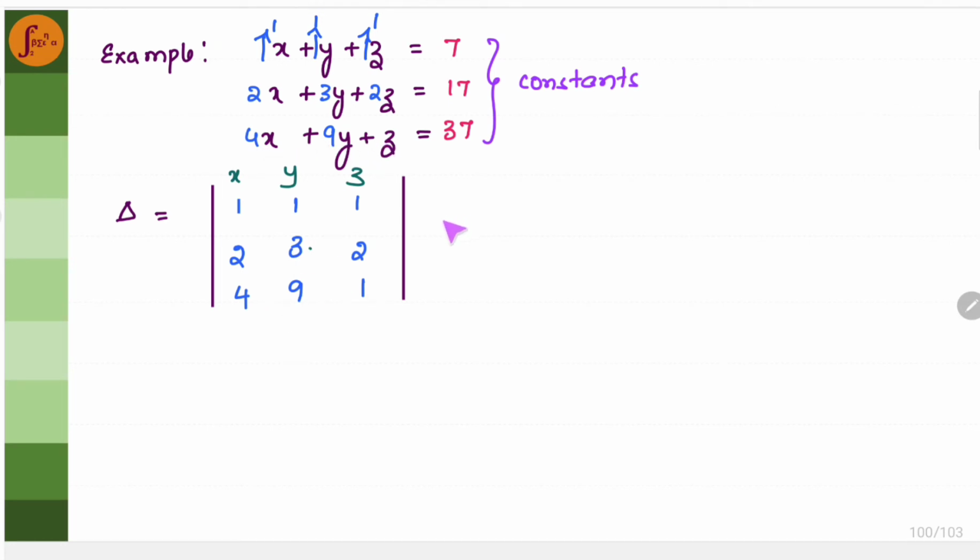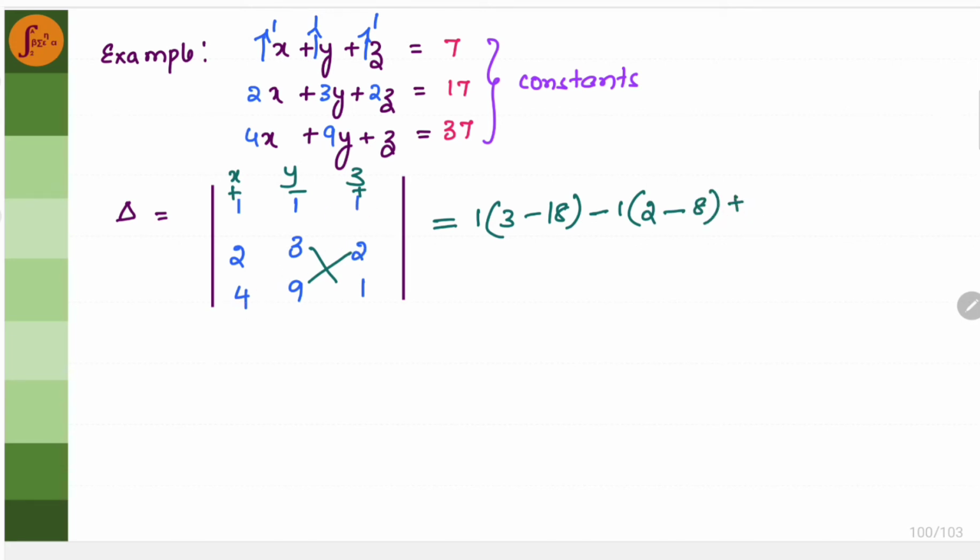So now we calculate the determinant. Same method: to calculate the determinant, we take the first element, which is 1. So 1 into cross multiply these remaining elements, 3 minus 18. Then this is minus, this is plus. So minus 1 into cross multiply, you'll get 2 minus 8.